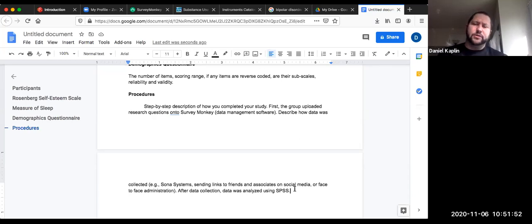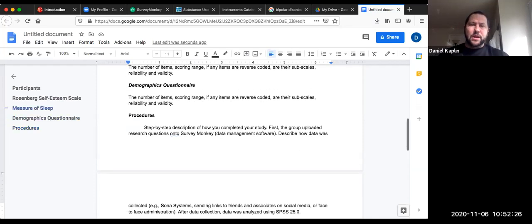Posting information on your social media accounts could result in a very skewed sample, or a sample that is more technologically competent than maybe a face-to-face data collection. So you have to decide how you're going to do that. And then obviously you're going to analyze using SPSS, and then you state whichever version it is. So for the sake of this example, using SPSS 25.0.